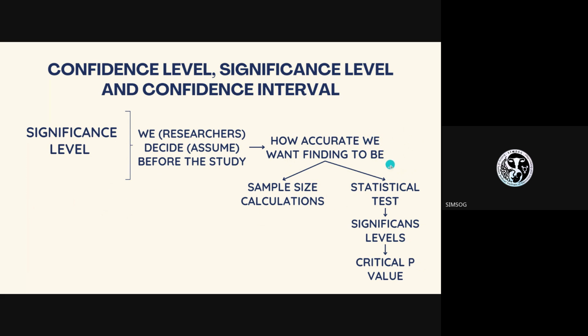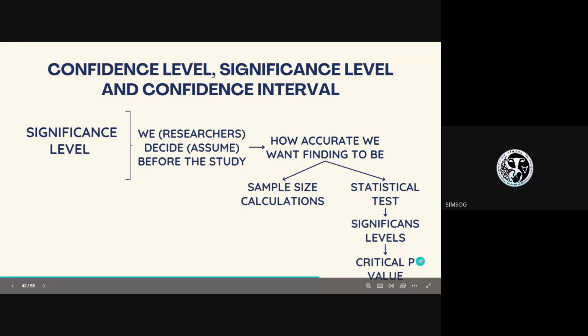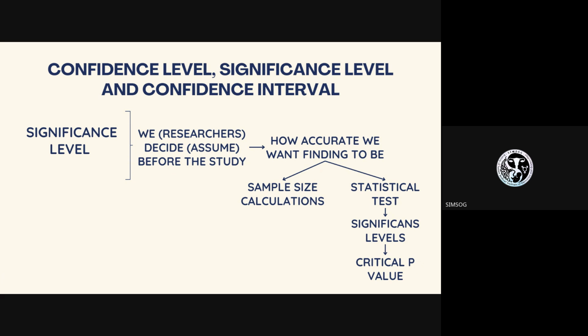In this case, for your statistical test and your significance level, your critical p-value, that is, your cutoff of p-value, is usually 0.05, but that is not always true. We are allowed to use our own p-values, but 0.05 is more or less a convention which has been set up in the world of biostatistics.